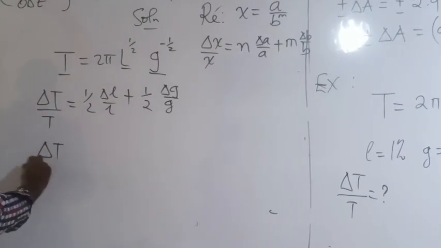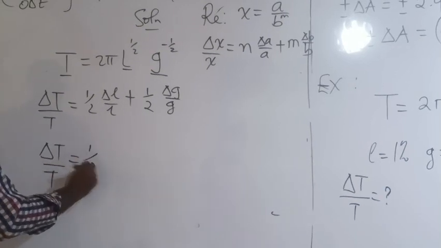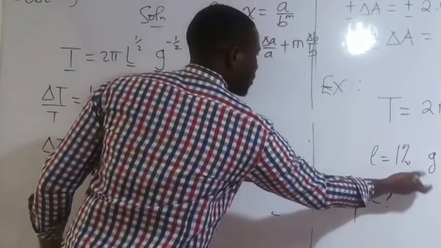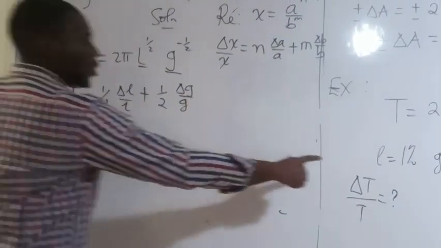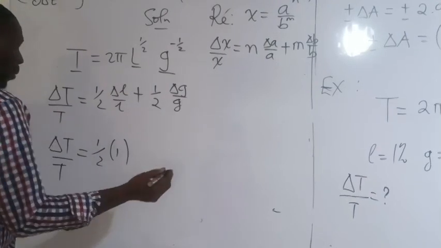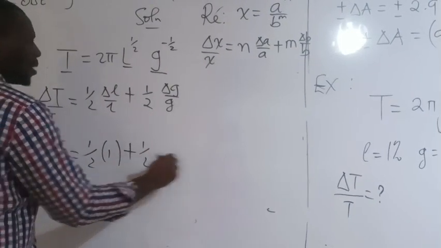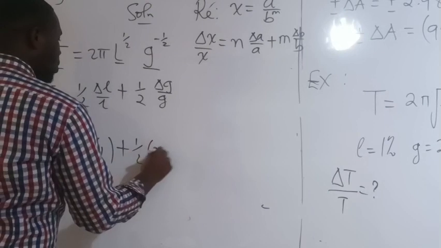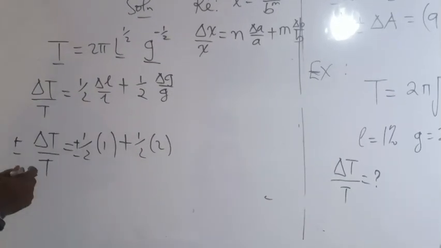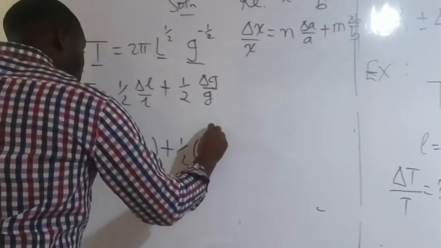So the fractional error in the time period would be half, and this is just 1%, so this is just half times 1. I could throw out the percent plus half, and this is just a 2. Of course I could stick in a plus or a minus there, and enclose this in a bracket.